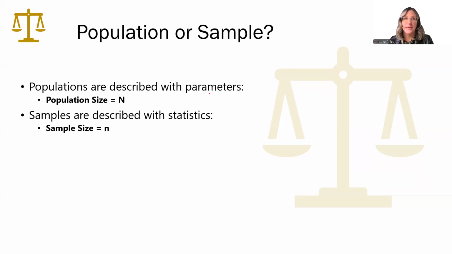As a little refresher, populations use a capital N. A sample size is reported using a lowercase n. And that's really a language. Anytime I ask you what the sample size is, you won't write out the words sample size. You will put lowercase n equals, and then whatever that sample size is, which is the number of people that participated or the number of observations that we have acquired.